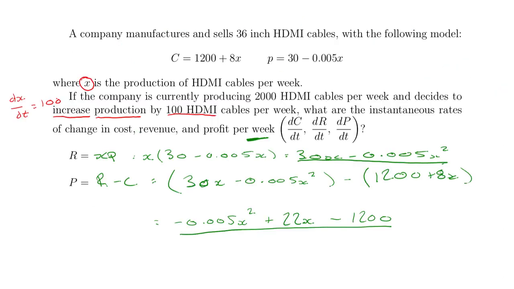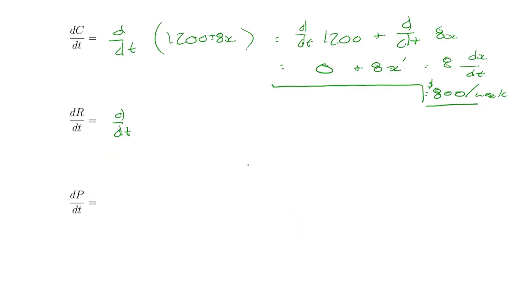We're going to look at the derivative of our revenue function, 30x minus the derivative with regard to t of, was that 0.005x squared? Let me just double check. Yeah, okay, cool. So we can take a derivative of both of these pieces. Here, we've got 30 x prime, or I'll just say dx over dt, because again, x is acting like a function now, because t is our variable.